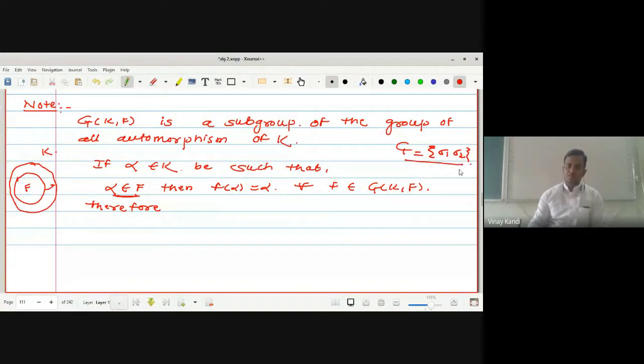Okay. Now therefore, for all f belonging to G_K(F), if alpha belongs to F, then we have f of alpha is equal to alpha.